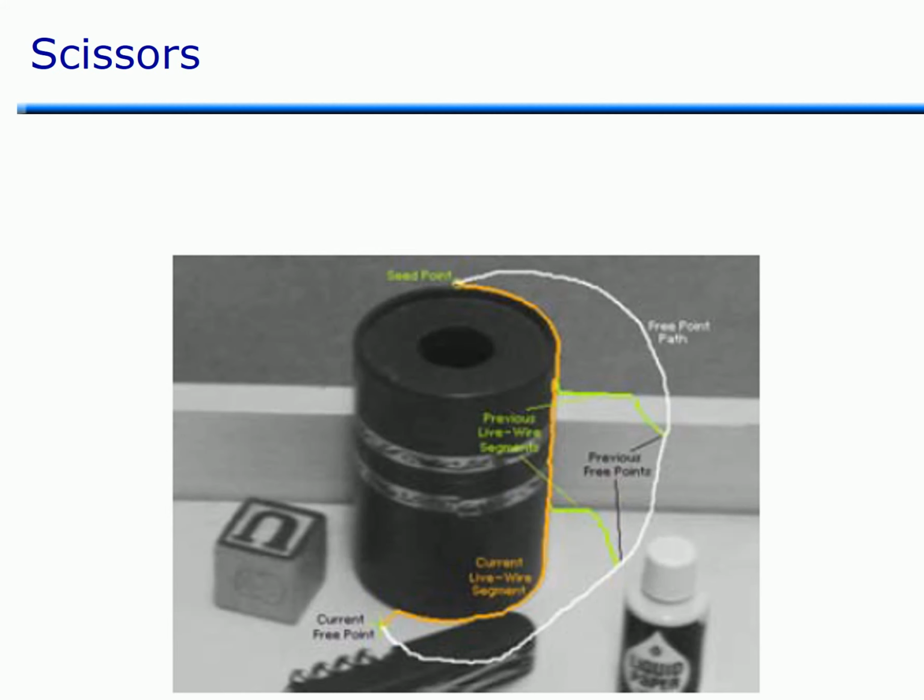As you can see in this image, the current free point is this, and whenever the algorithm tries to track the object, it does not follow the exact boundary and the results may not be accurate. It has to follow the actual boundary of the shape as it is being drawn.